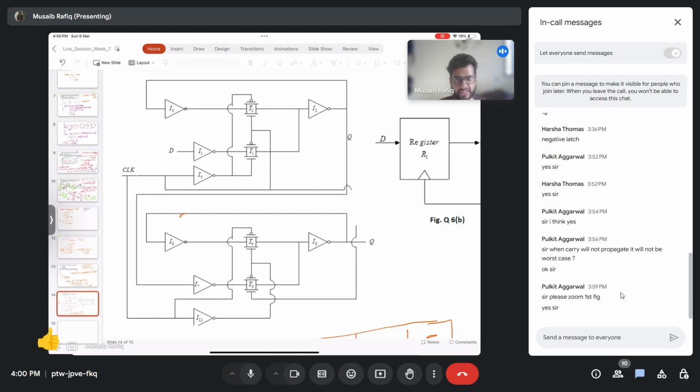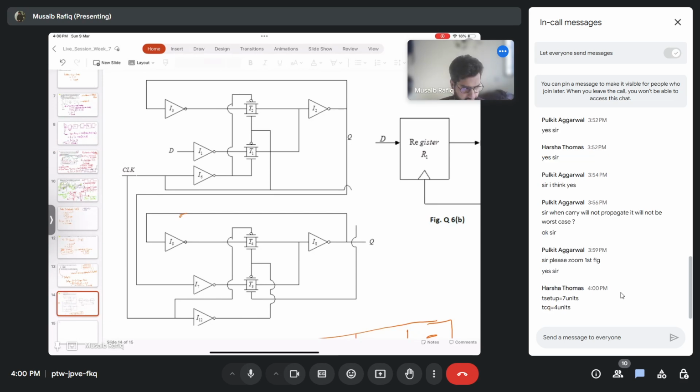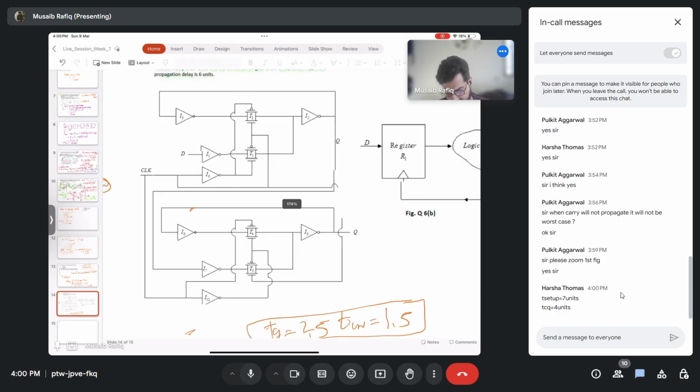It's just the orientation has changed. Correct, correct. Yeah, that's correct.